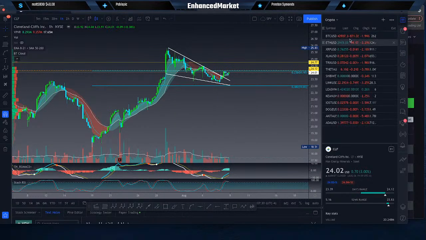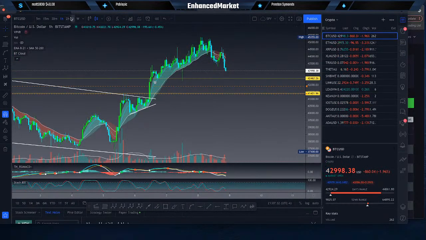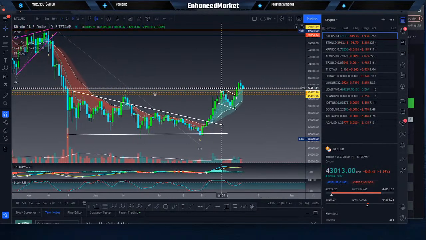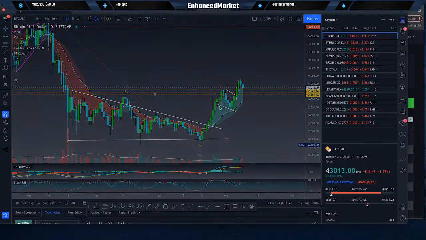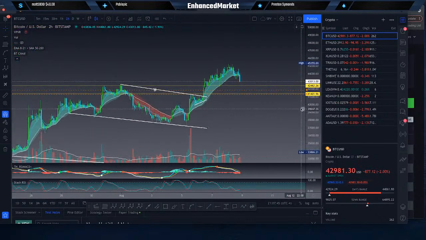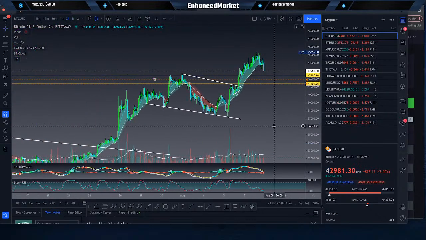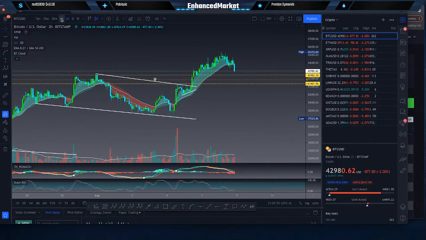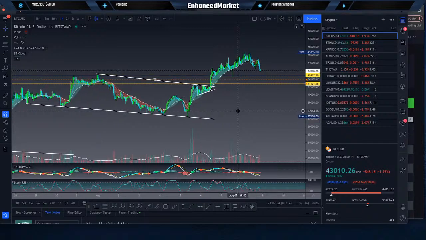Bitcoin. So I think it's just going for a retest, right, of this previous level, 42,462. Yeah, it just wants a retest. Fair. Nice ABC pattern. Yeah, right.